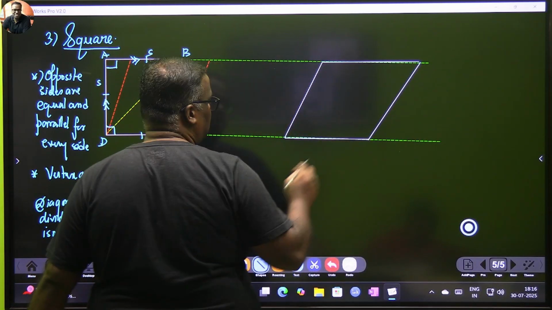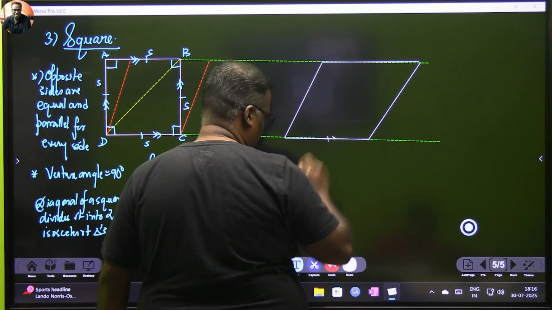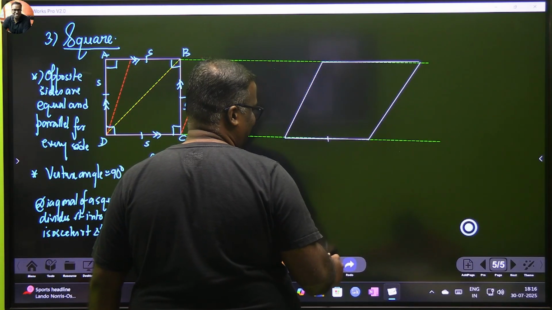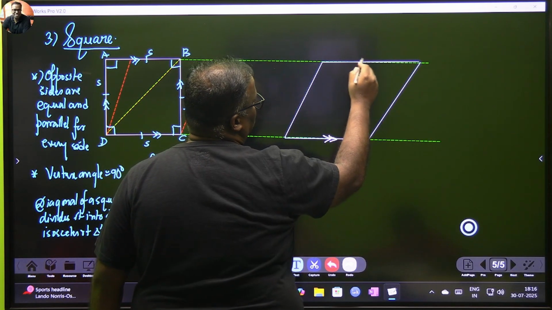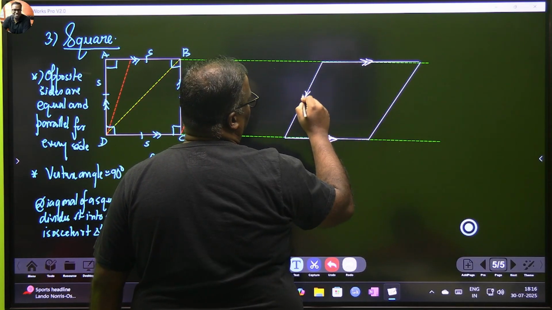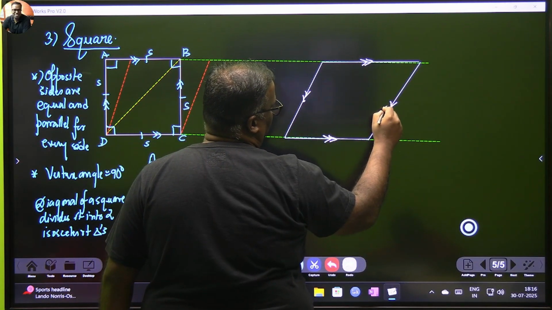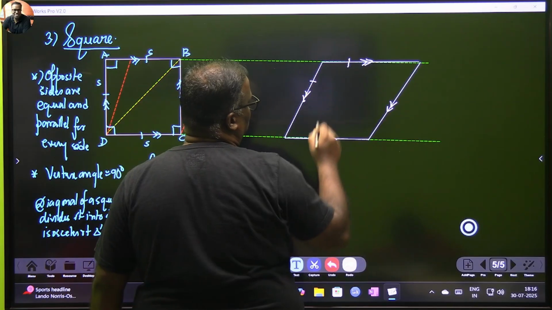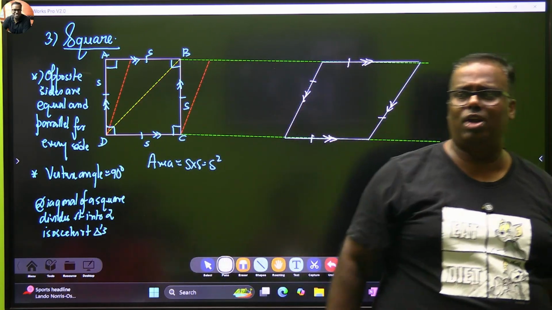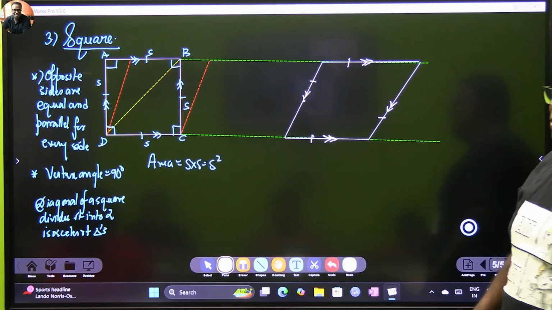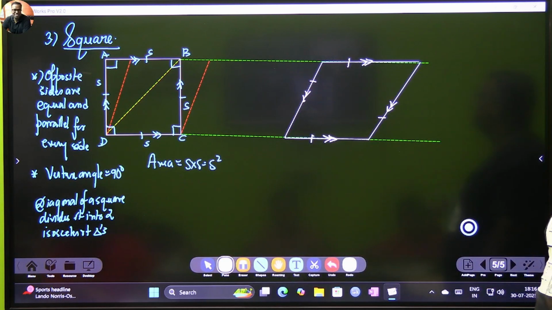Some of the parameters that I now get: the parallel relation is still restored, as well as all the sides are equal to one another. That means it is also a parallelogram, but a special parallelogram where all sides are equal.